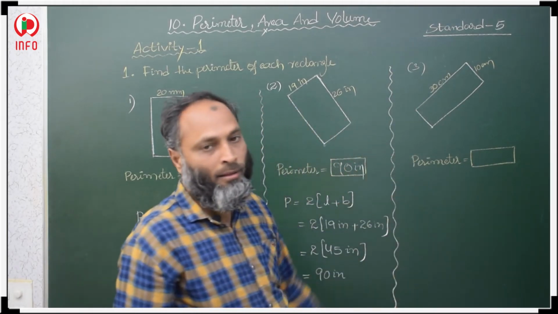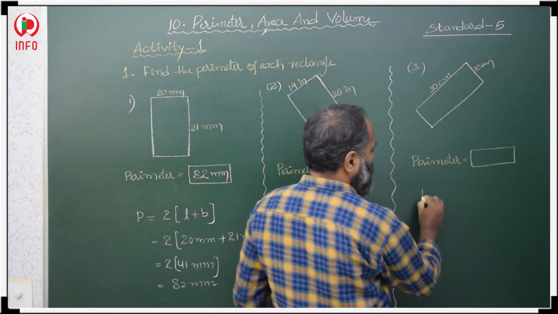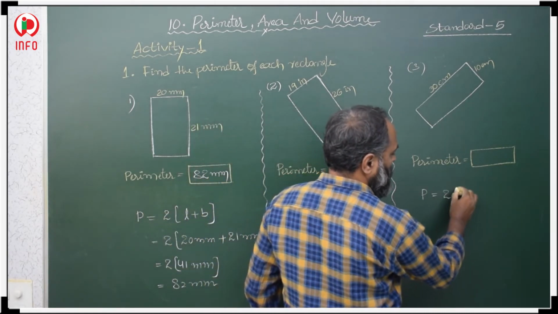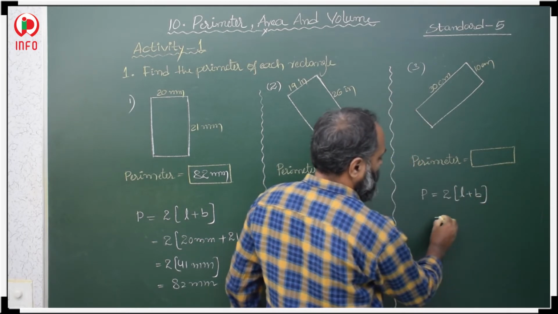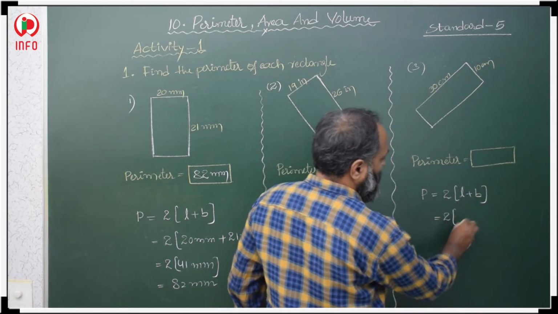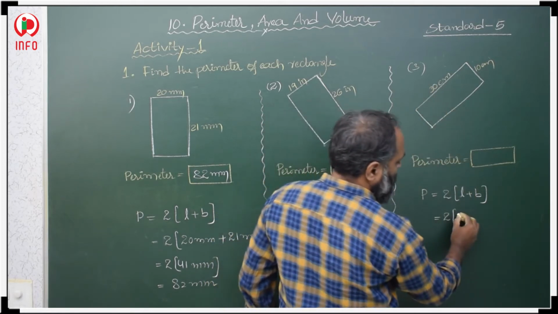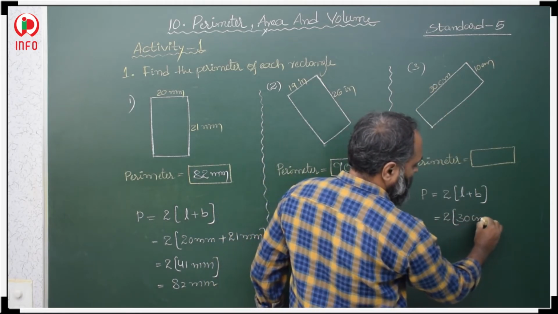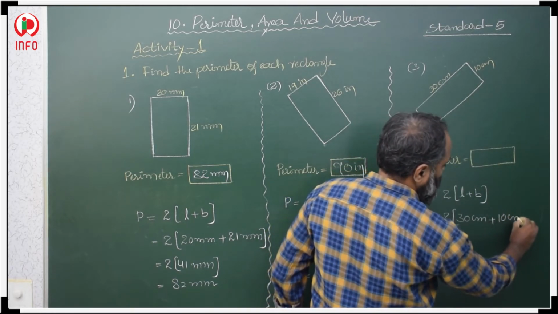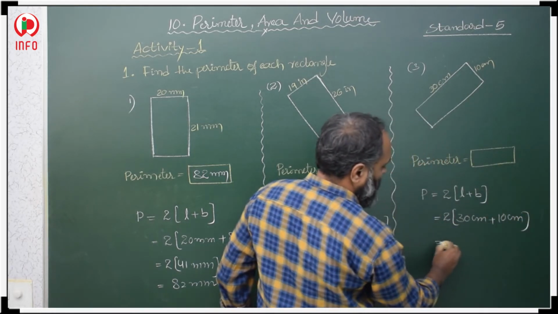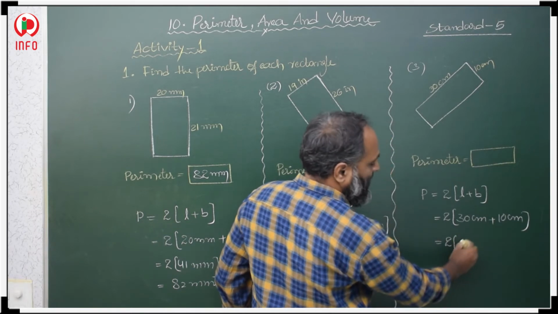Then the third rectangle. Third rectangle perimeter is equal to the same formula, 2 into length plus breadth. 2 into, what is the length here? 30 centimeters. And what is the breadth here? 10 centimeters. Then 2 into 30 plus 10 is 40.